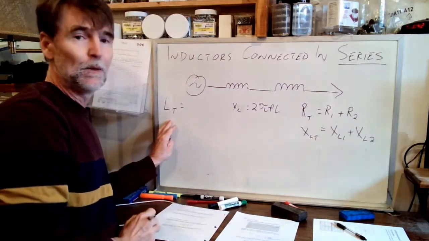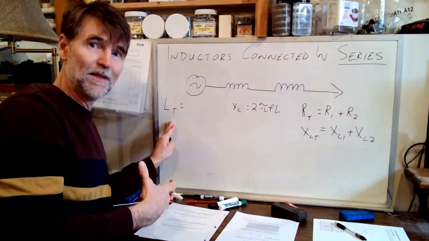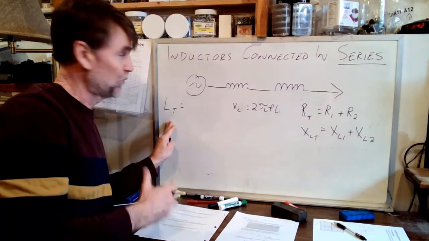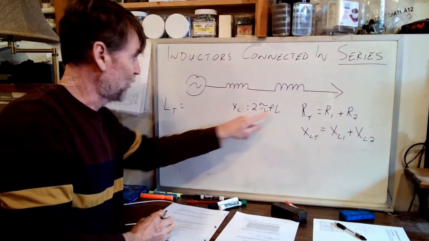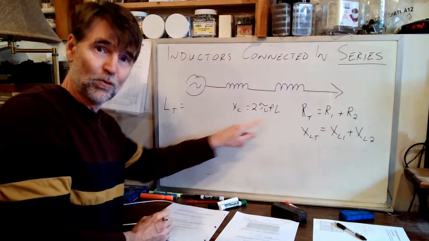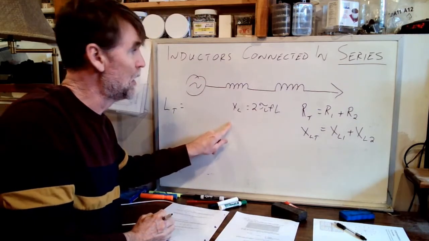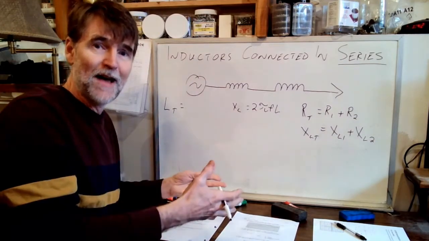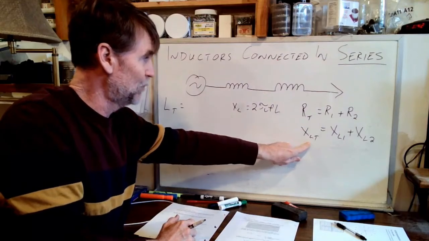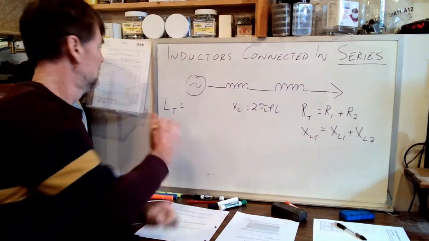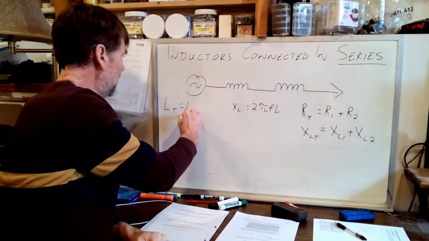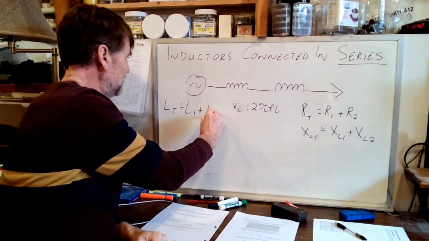Okay, mathematically we must be able to say the same thing with the inductance, because inductance and reactance are directly proportional, right? Directly and linearly proportional. They're both going to go up and down in the same fashion. So the total XL is bigger just by adding all these up. Same will be said for L. So LT equals L1 plus L2.